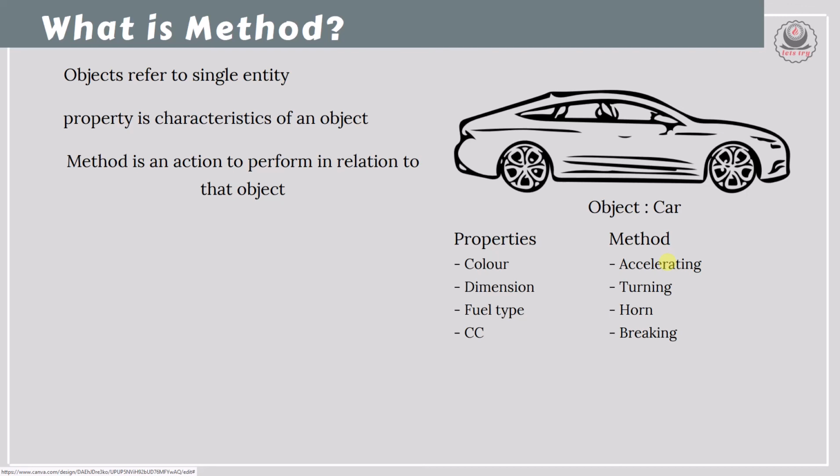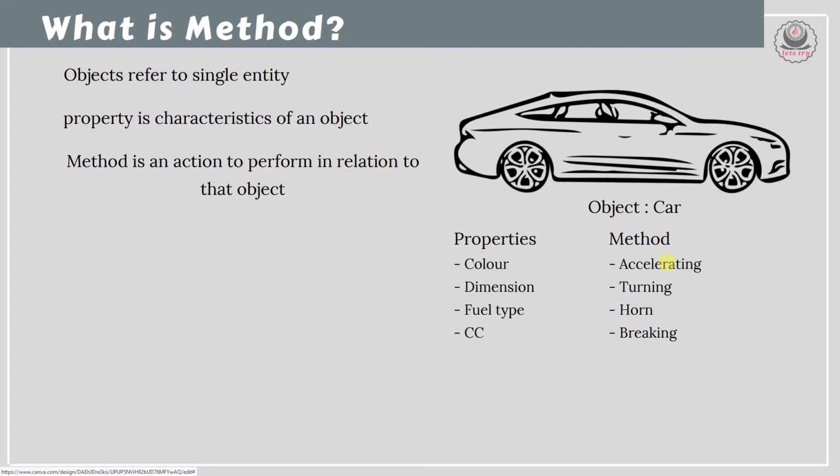If you understood the general concept, then we will jump into Excel. In this, we discussed that a cell is a sub object. What are the characteristics of a cell? Its color and its address, something like that. These are the properties of a cell. What exactly is a method?